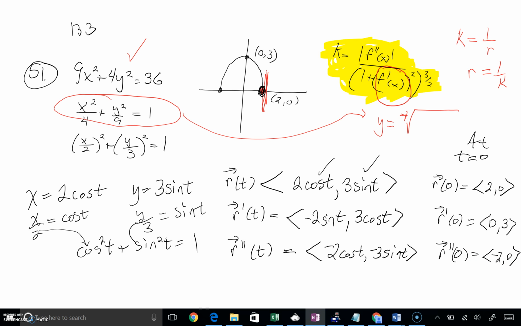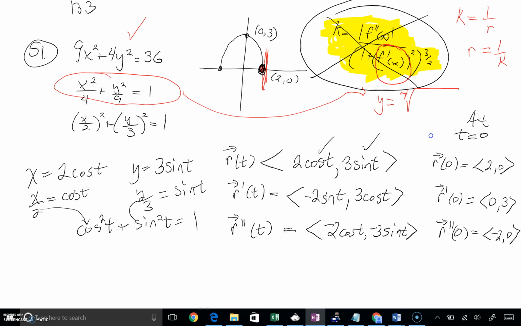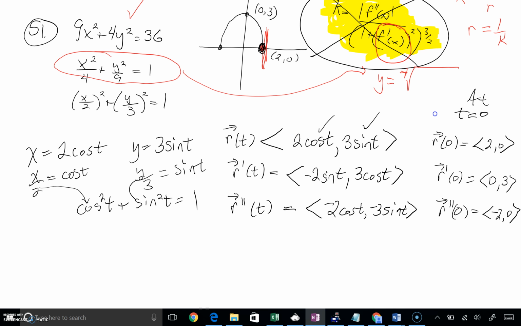I'm doing that really because what's driving this whole process, in what I've highlighted, for the point 2 comma 0, I can't use that formula. It's so frustrating that we can't do that. What do we have to do instead?